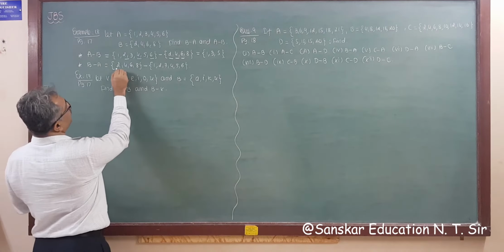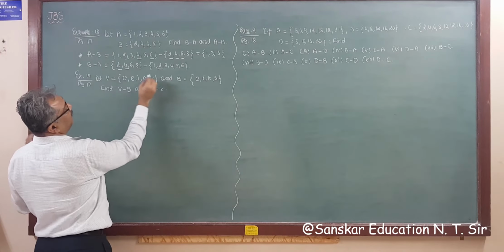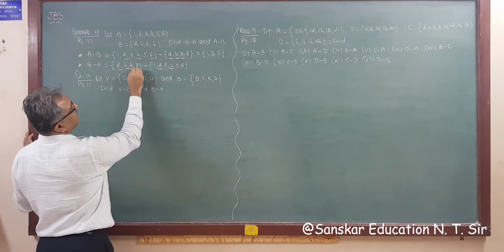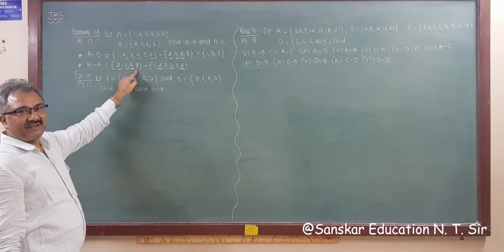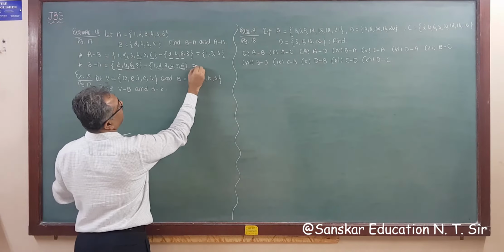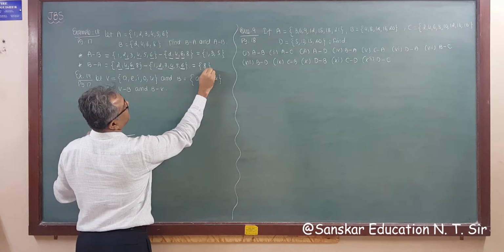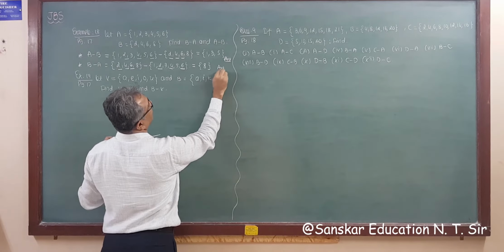So common element 2 is here, so 2 will be subtracted. 4 is here. 6 is also there. Now 8 is the only one remaining in the first set. So that is your difference set, and your answer will be 8. So this is your first answer, and this is your second answer.